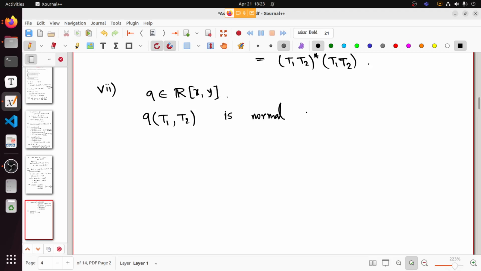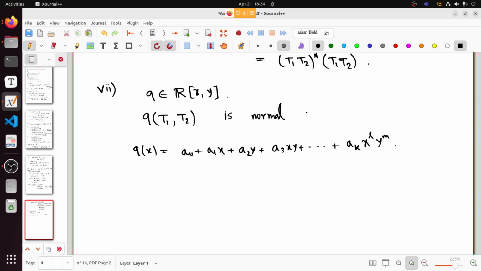So let's first take the polynomial, suppose q(x, y) equals a0 plus a1 x plus a2 y plus a3 xy plus dot dot dot, a sum k x to the power l y to the power m.